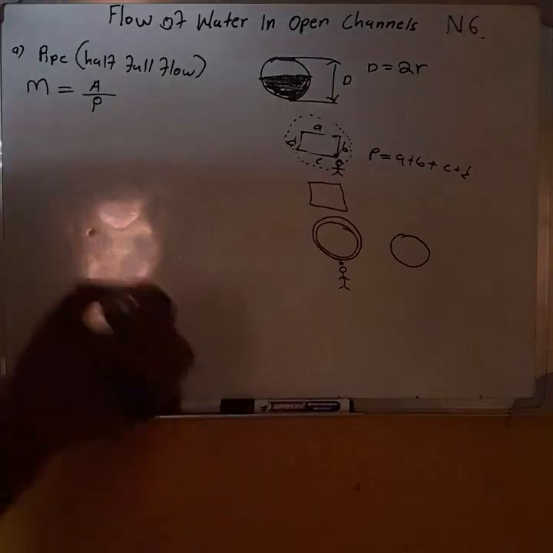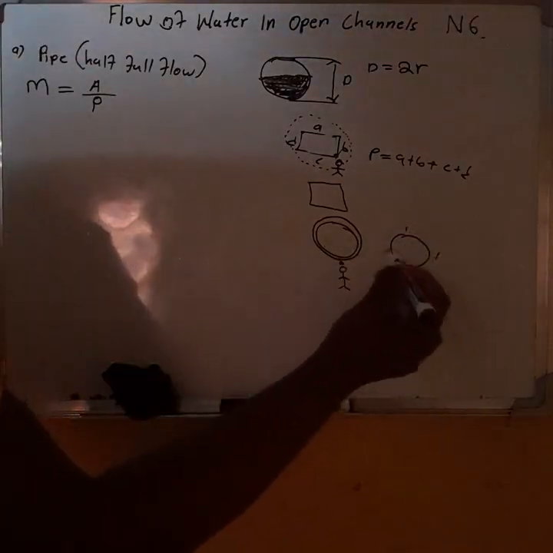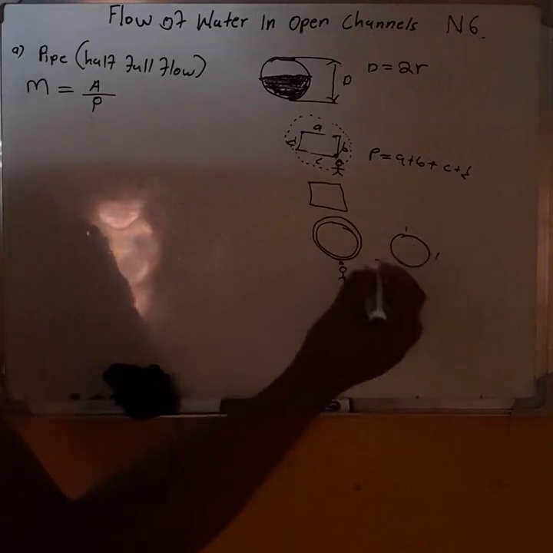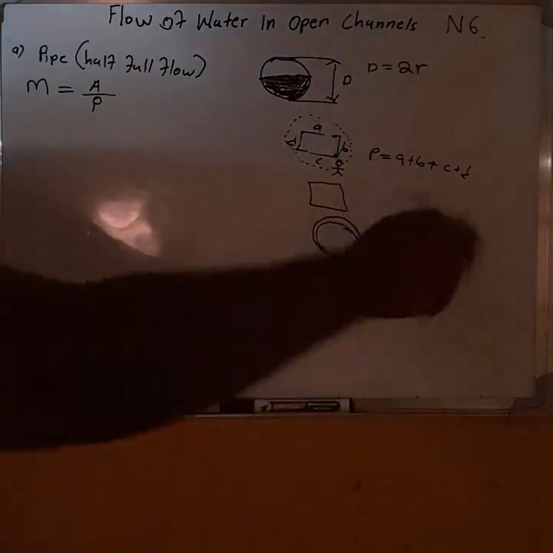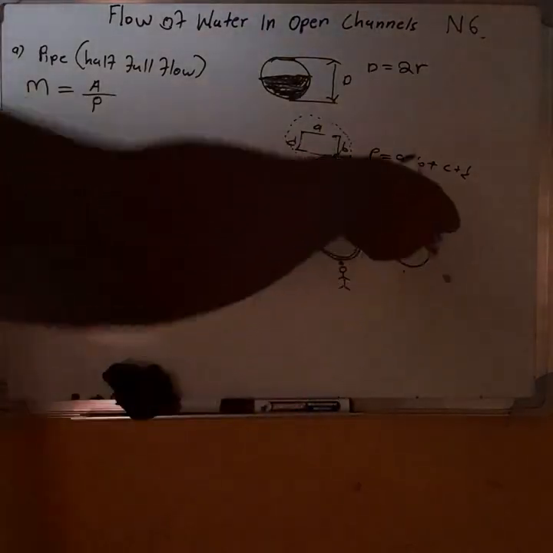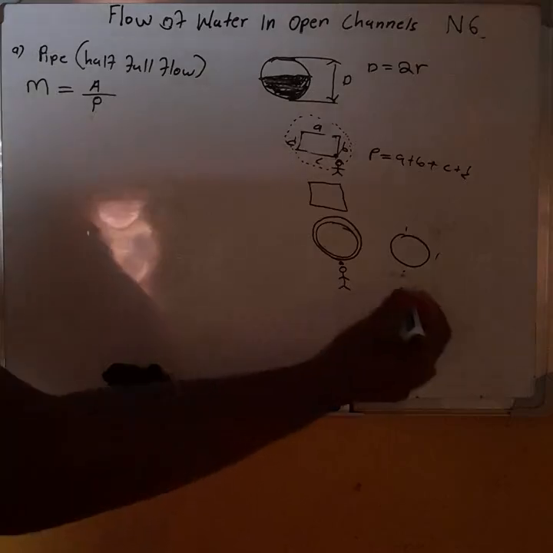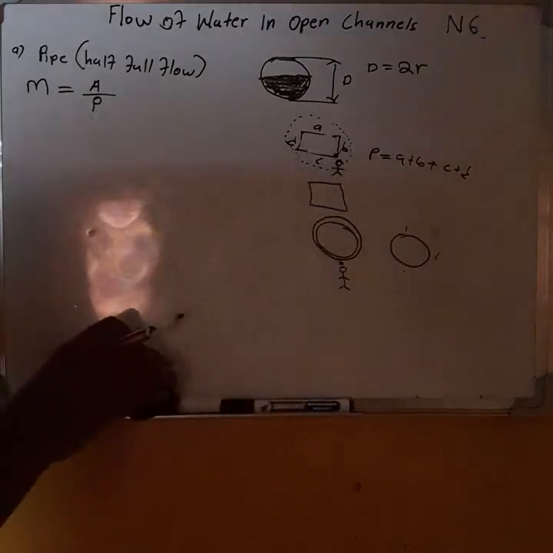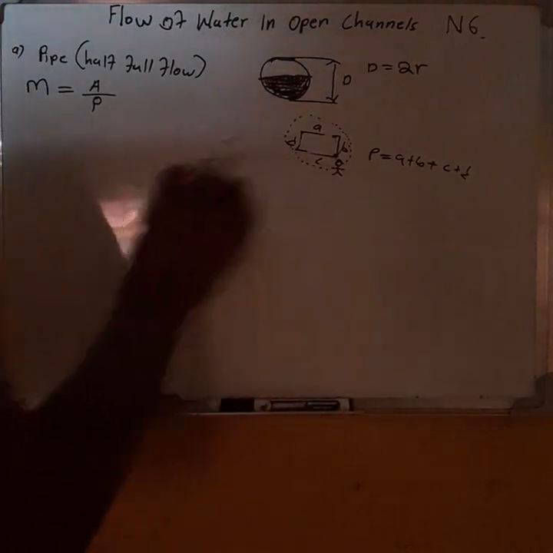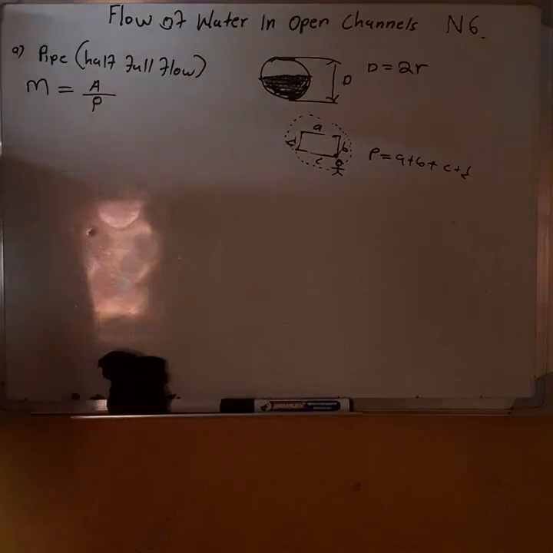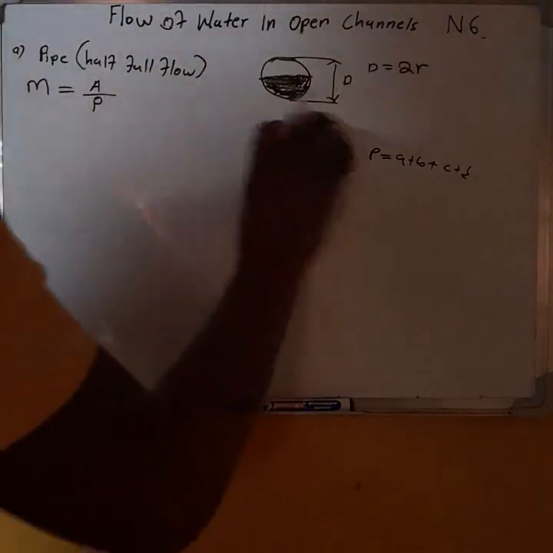But now mathematically, you cannot say this plus this plus this plus this. Because it is circular, you're supposed to know how to calculate the length of the circle. It's not straight like this. It's a circle. You must know how to apply its distance. So this is a perimeter. I was doing an example.